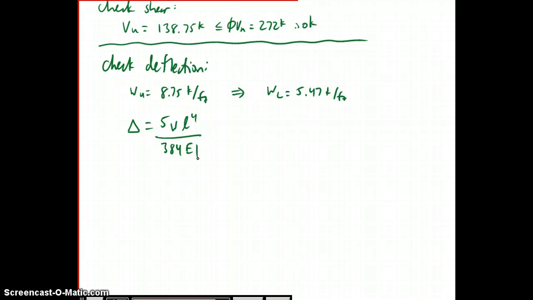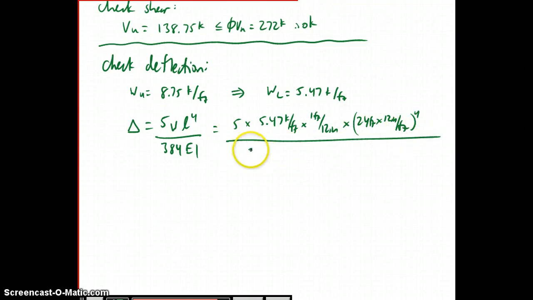And so when we plug in these numbers, we have 5 times 5.47 kips per foot times 1 foot over 12 inches times the length, 24 feet, times 12 inches per foot to the 4th over 384 times 29,000 ksi times I, which was 1480 inches to the 4th.